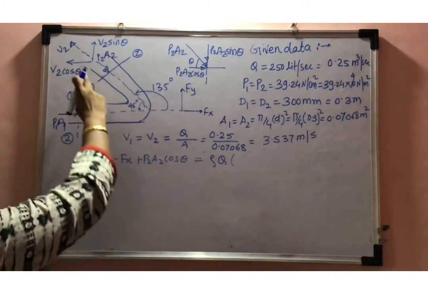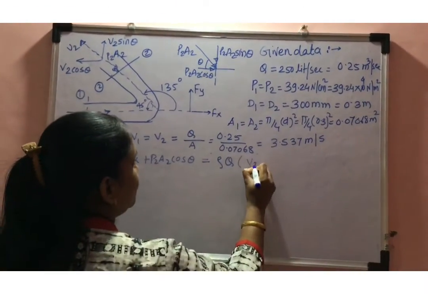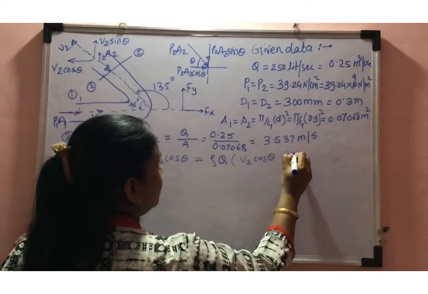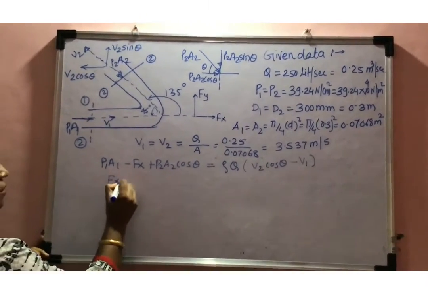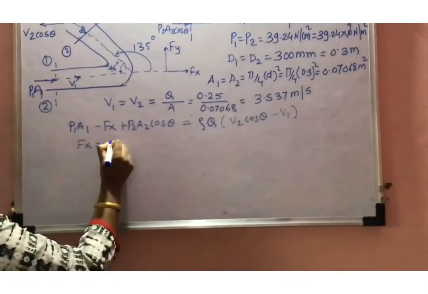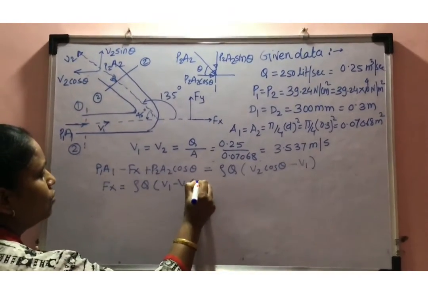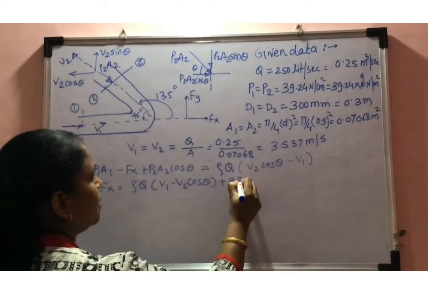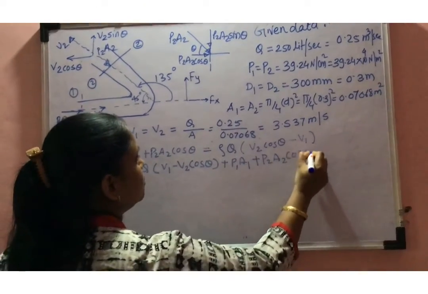What is the final velocity here? Here it is V2 cos theta minus V1. After rearranging the terms, we get the equation: rho Q (V1 minus V2 cos theta) plus P1A1 plus P2A2 cos theta.